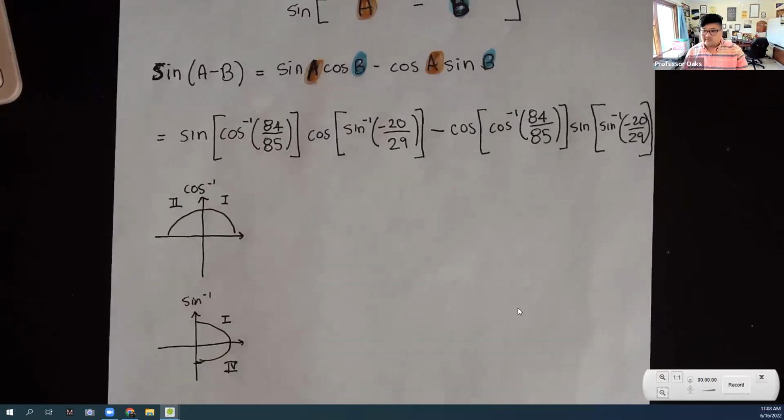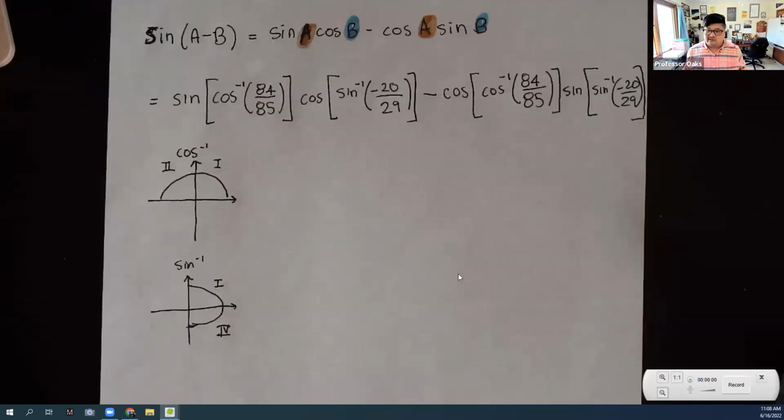So we're still not using quadrant three, but I wanted to point out that this is actually the same idea as before.